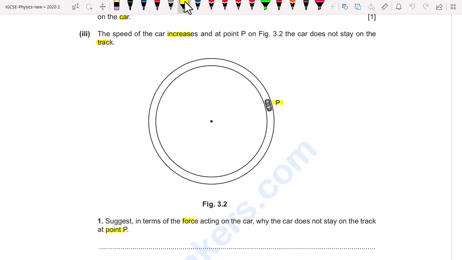It may move into the straight path or any other path. So for a body to move into the circular path, there must be a net force towards the center of circle. Here I write that the net force is insufficient to keep the body moving into circle.